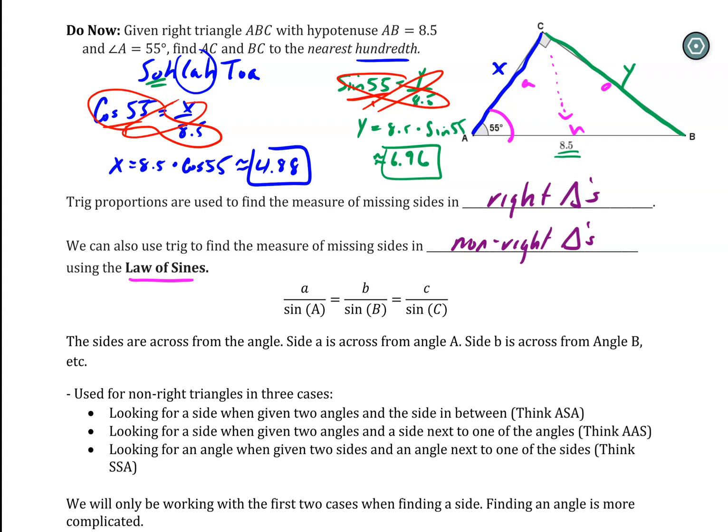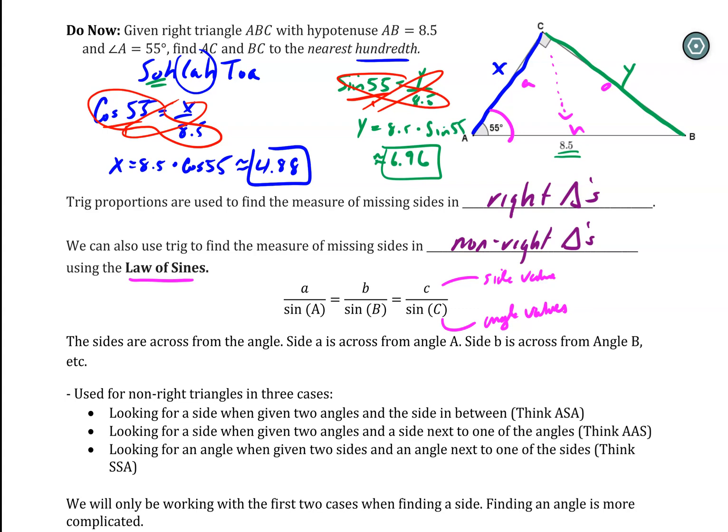But the key thing to note is that the little letters a, b, and c represent the sides. Each of these is a side value. And the big A, B, and C are the angle values. That's important to know.